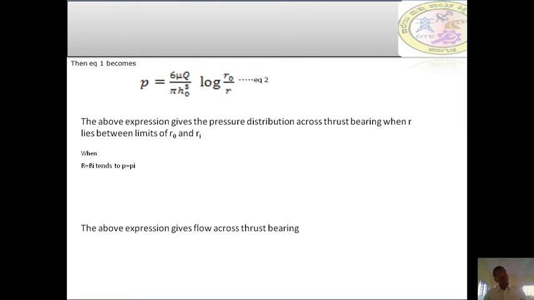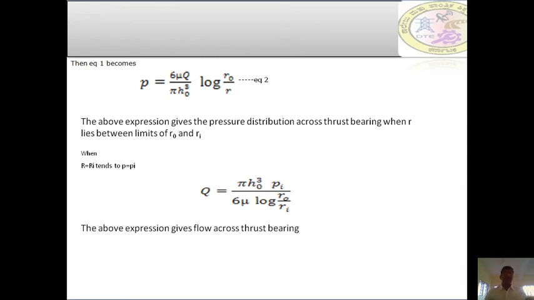When you apply the second boundary condition, you see that when r is equal to ri, the pressure p is equal to pi, that is, the input pressure across the bearing. You see what happens to the above equation. See, q is equal to pi into s naught cube into pi, then 6 mu log r naught by ri goes to the denominator.